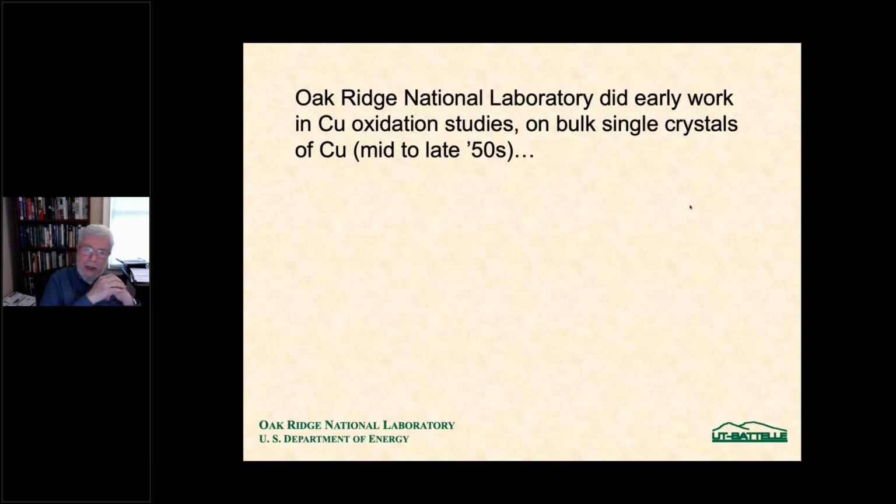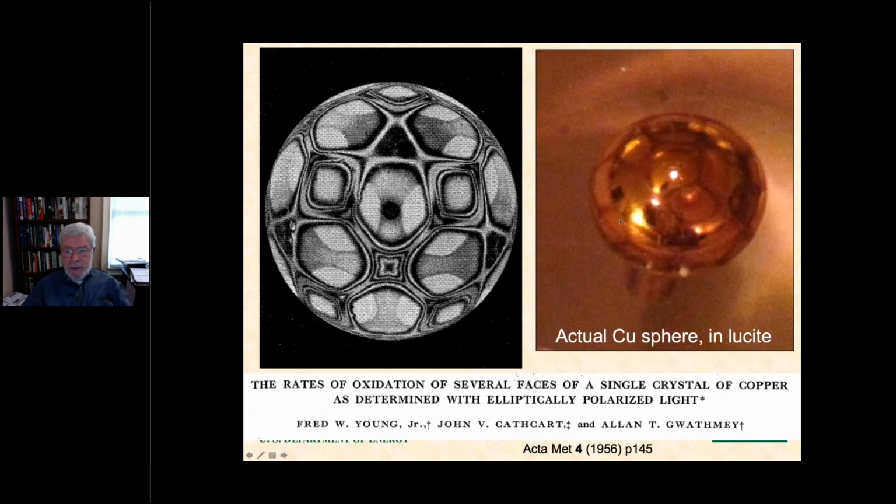The connection with Oak Ridge began as a result of studies that were done on bulk crystals, single crystals of copper in the mid-50s. And here's what Professor Brockway saw when he was a consultant to the folks at Oak Ridge: this copper sphere that had been oxidized, reduced and then oxidized.